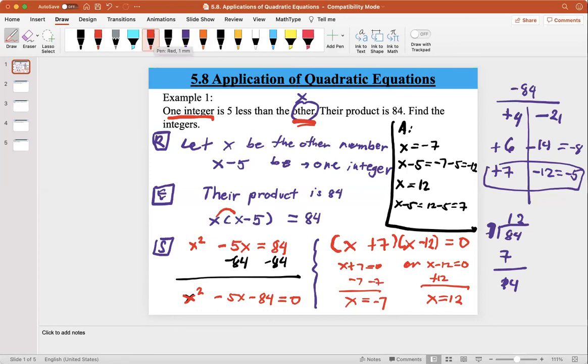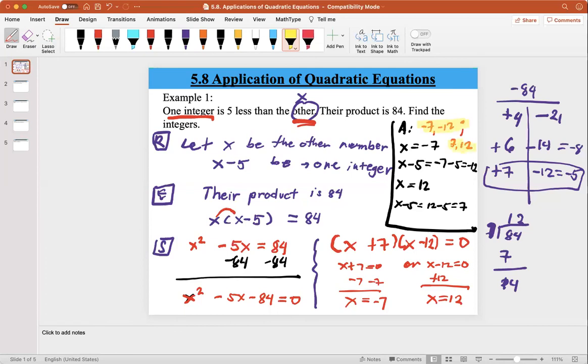We have -7, -12, and 7, 12. So these are the two sets of answers.